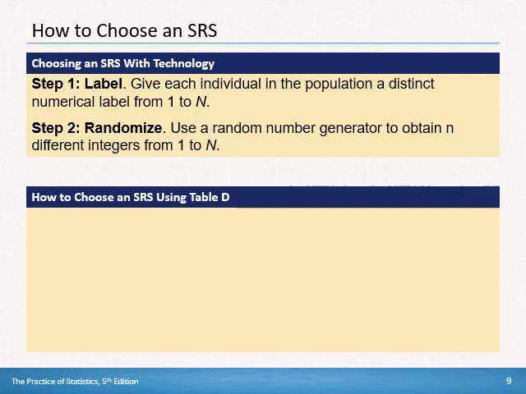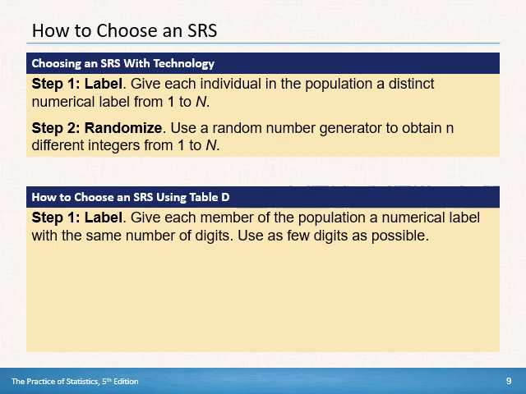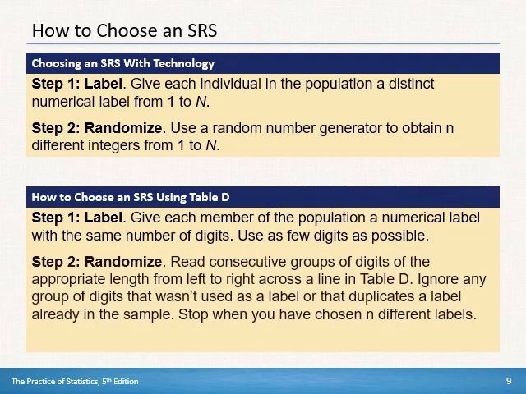All right. Now we're more often than not going to be using a random digit table. So first we take our population, and we number all of the members of our population, and we use as few digits as possible. And we'll go through an example of what that means. So we read consecutive groups of digits of the appropriate length from left to right as we go across the table. We ignore any groups of digits that weren't used as labels for individuals.